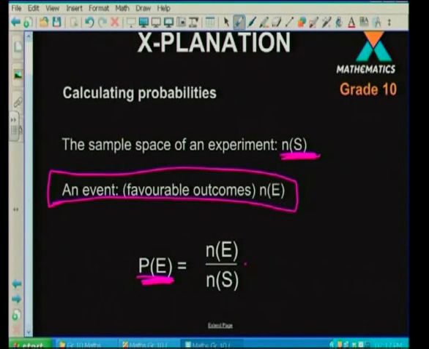Now, on a die, there's a 1 out of 6 chance that I could throw a 2. So the probability of the event throwing a 2 is 1 out of 6. So that is how we write a probability: the event over the entire sample space, and that will give us the probability of that event actually occurring.